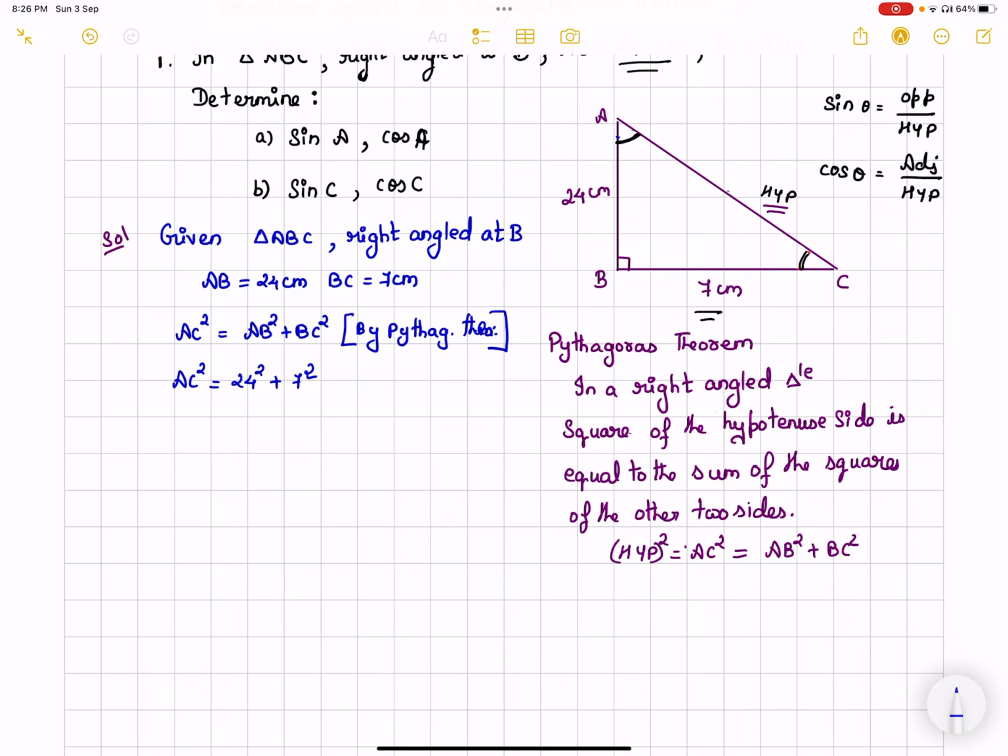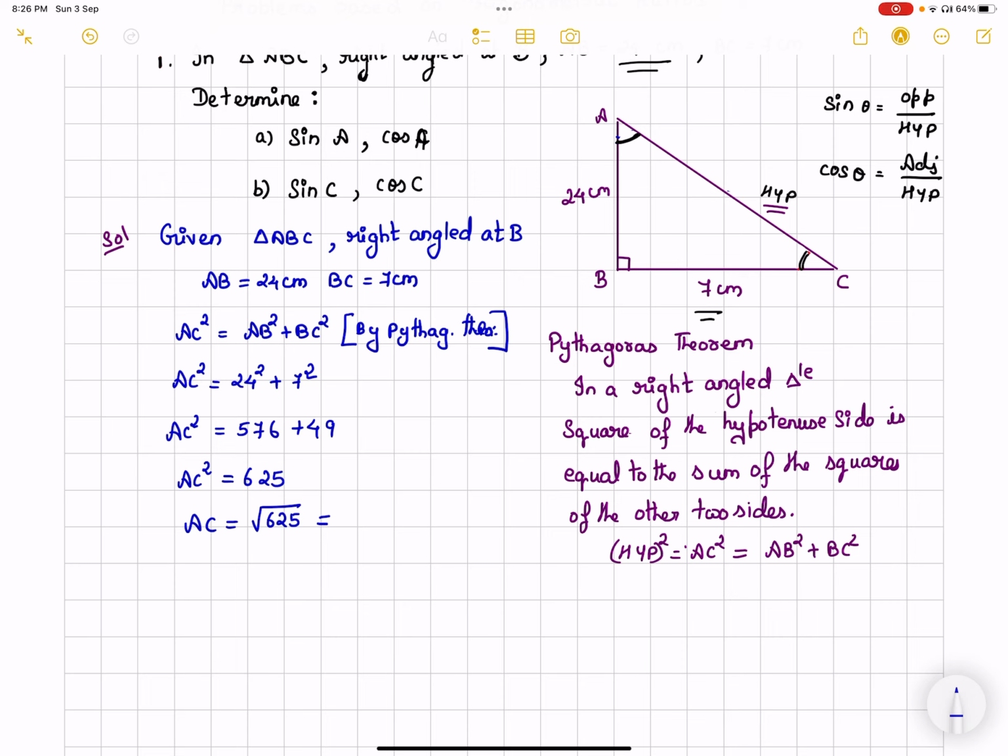So 24 square and then 7 square, we are going to add it up, which is going to be 576 plus 49 is equal to AC square, which is nothing but 625. AC is equal to root of 625.